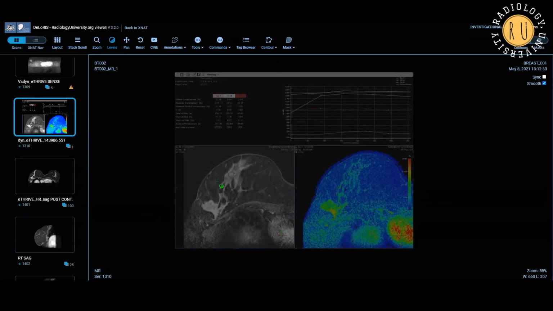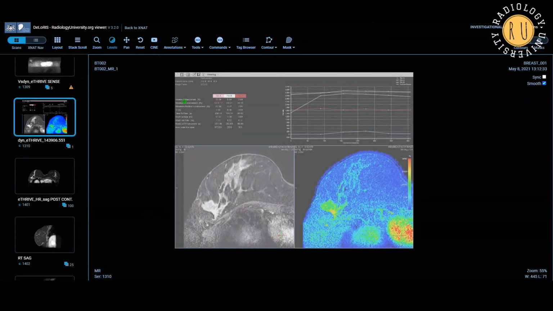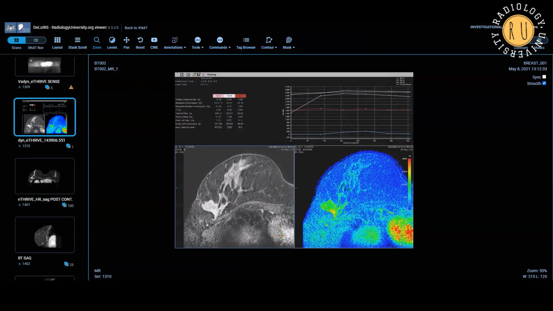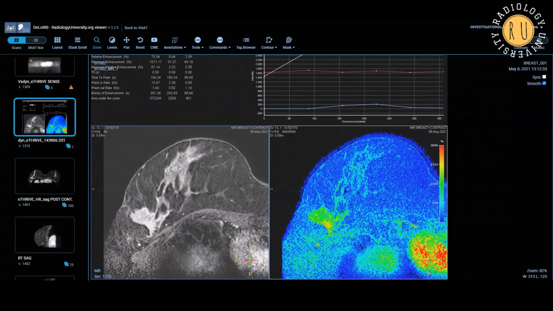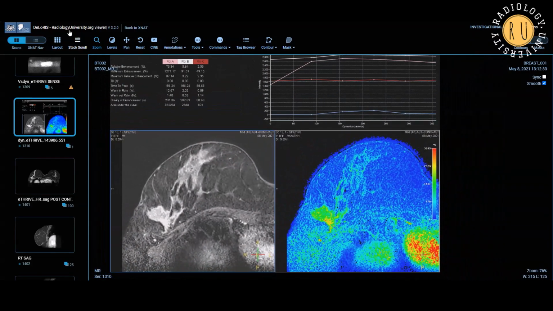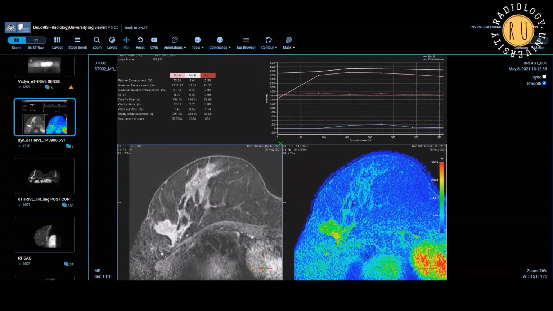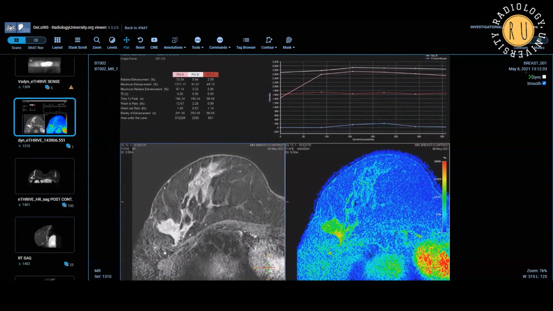One second, let me put the scan up first. Can you see it now? Oh yes, I can see it. It's highlighted as green in the color map, right? Yes.